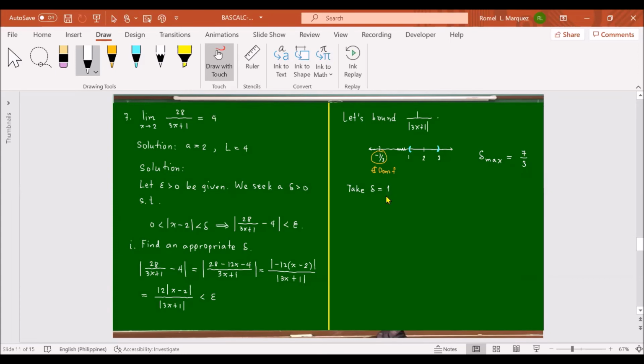But I want to take delta to be 1. You are free to choose your delta, but of course you choose a practical delta that will really make your delta small, or any delta less than your chosen one.